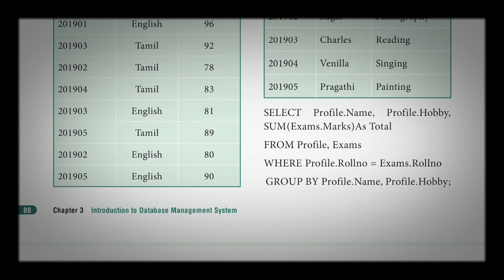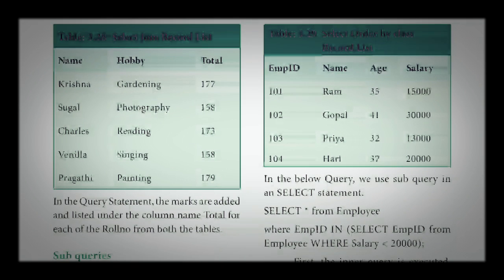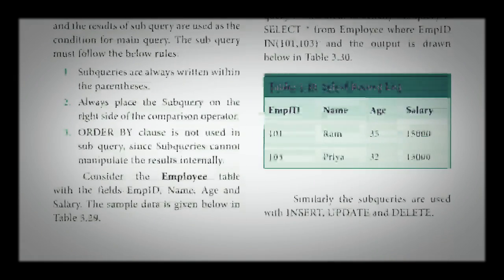This is a very lengthy command. Here you can see it is displaying the result as shown in table 3.28. Krishna and the hobby are selected from the profile table, but the total is collected from the exam table.